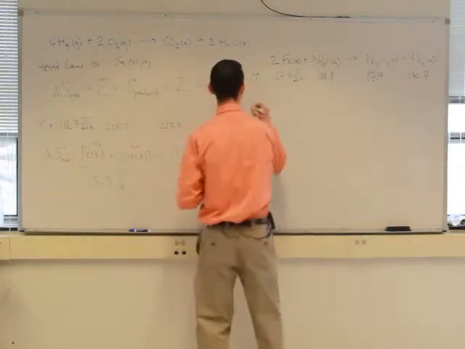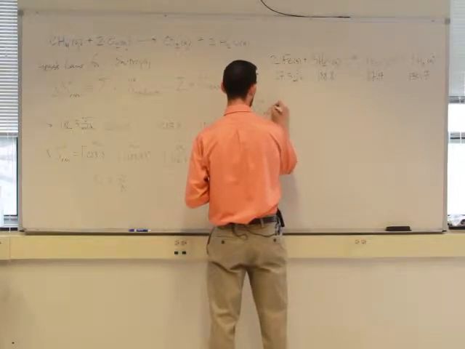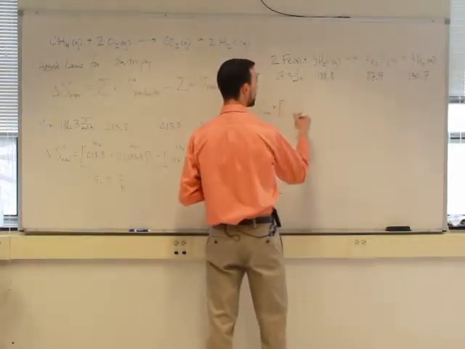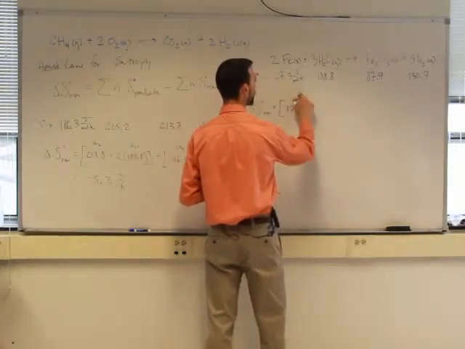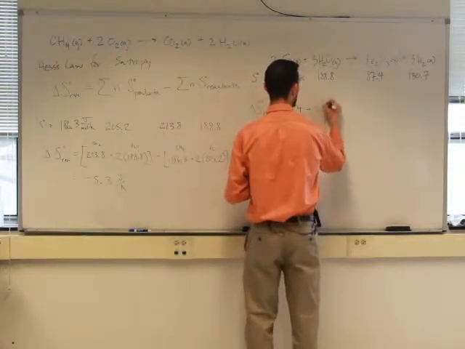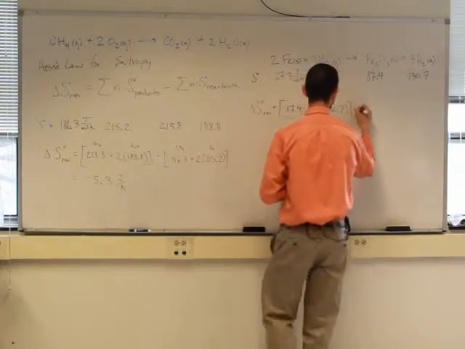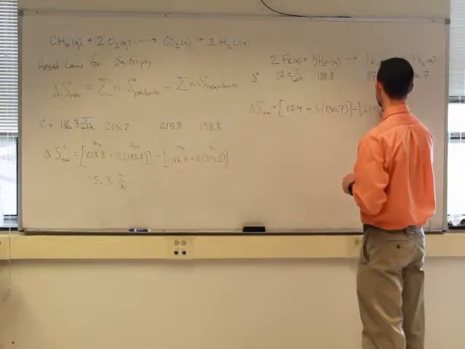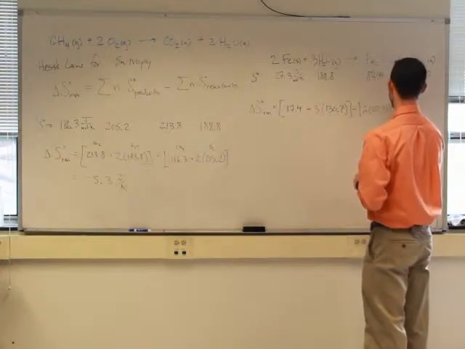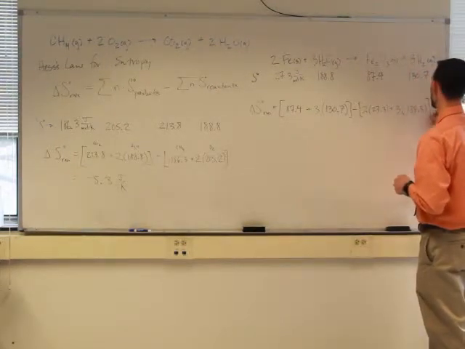All right. So how do we get the entropy change for this reaction? We are going to add up our products. So our 87.4 for our iron 3 oxide plus 3 times our hydrogen 130.7. And then we would subtract 2 times iron, 27.3, and 3 times water vapor, 188.8.